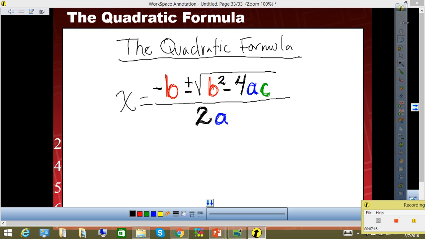Tell your neighbor the quadratic formula, please. What's that?